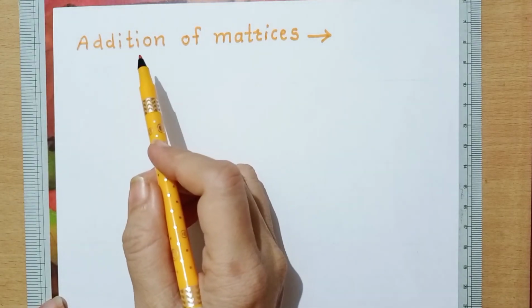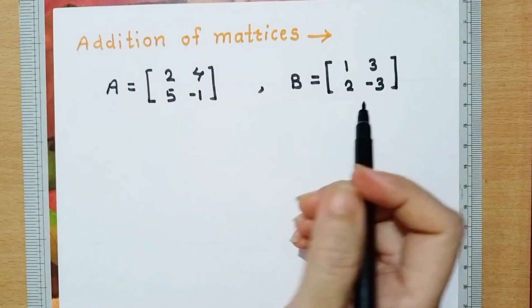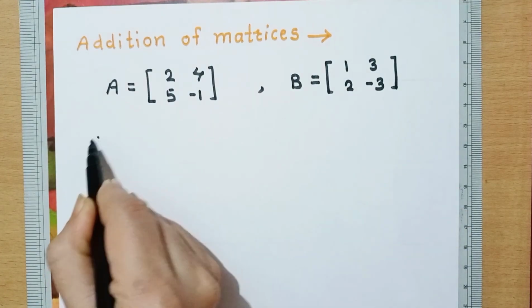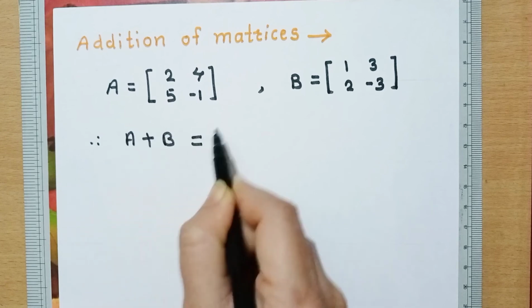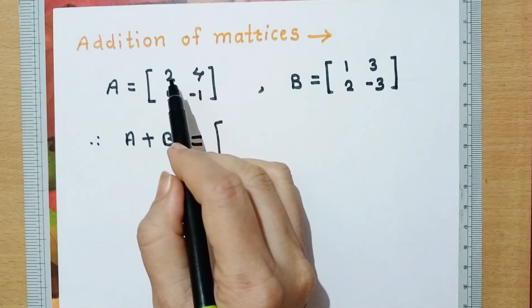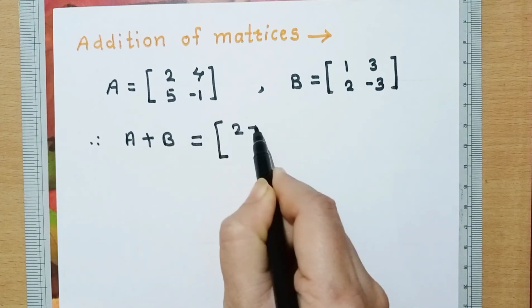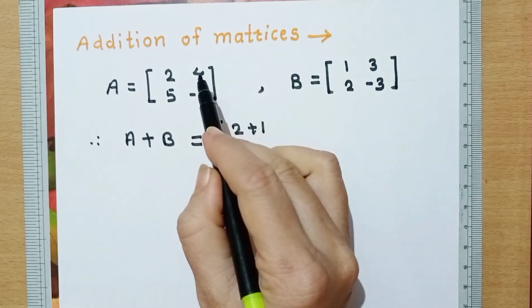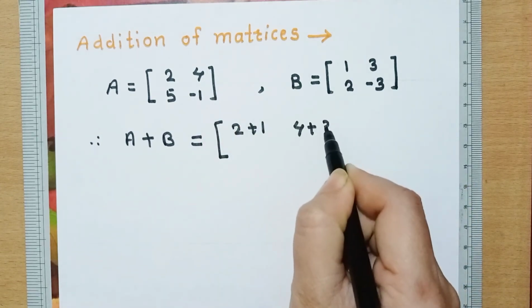Now let's see how to add two matrices. So these are our two matrices and therefore A plus B is equal to, now add the first element to the first element, that means 2 plus 1. Now this is the second element to the second, so 4 plus 3.